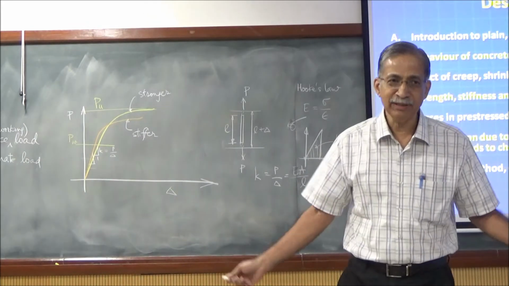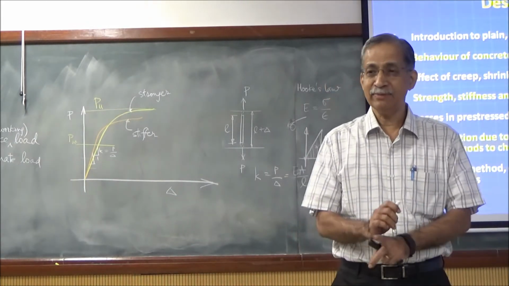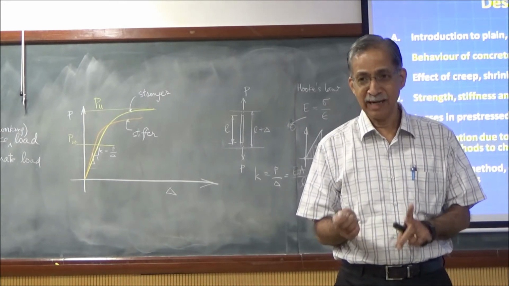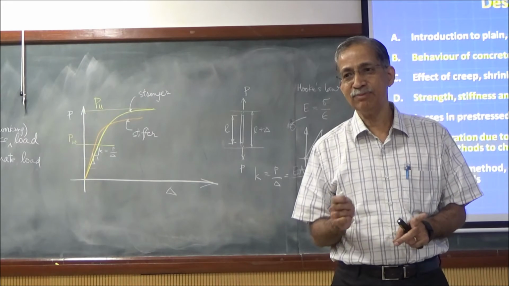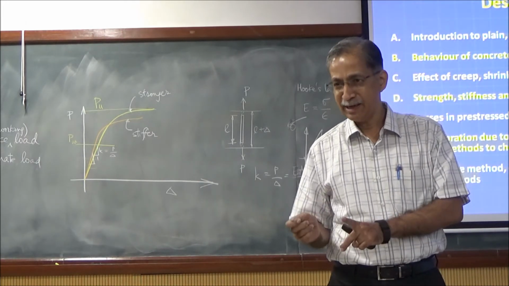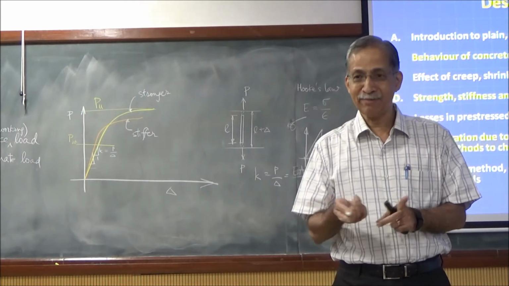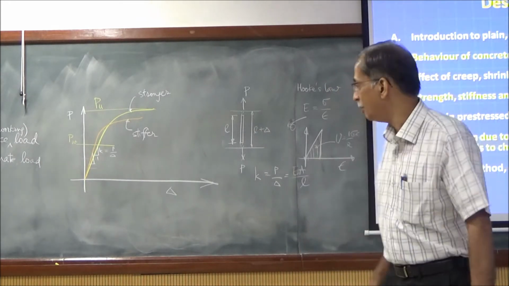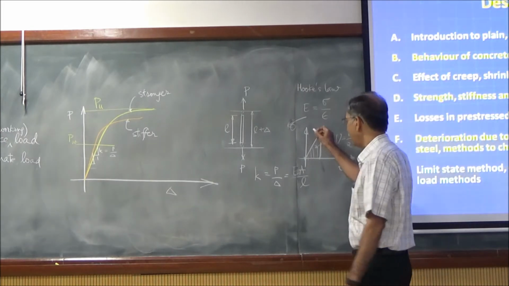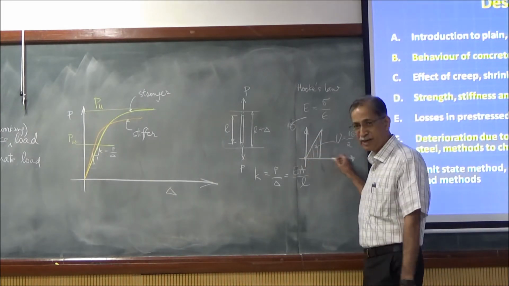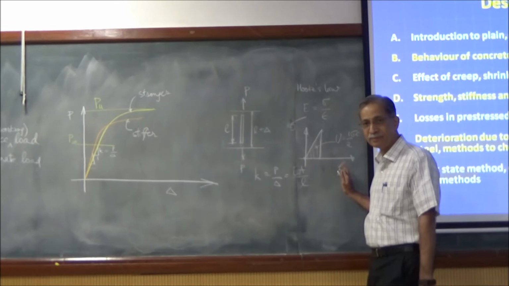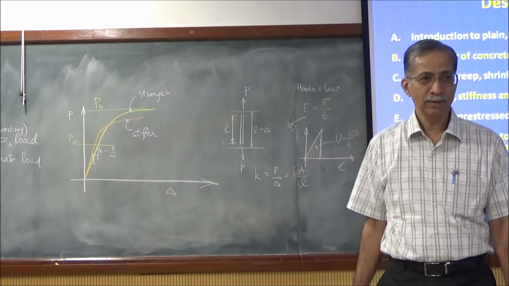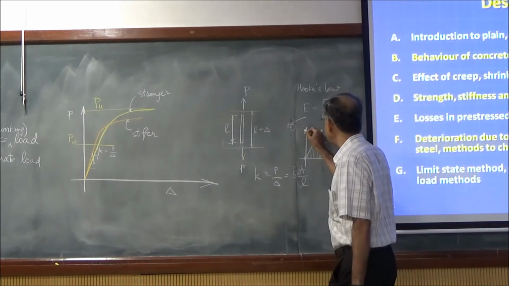But by convention, the physicists have decided that force is not a fundamental dimension. MLT, mass, length and time, are fundamental. Force is derived from these fundamental units, so force is always a derived unit. So we traditionally draw displacement or strain on the x-axis and stress or force on the y-axis. This quantity also has some meaning.